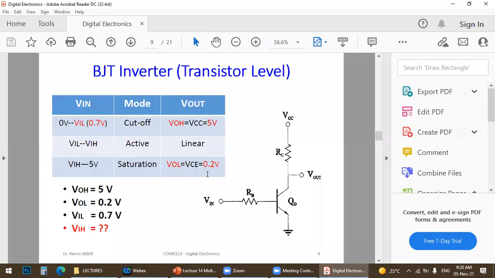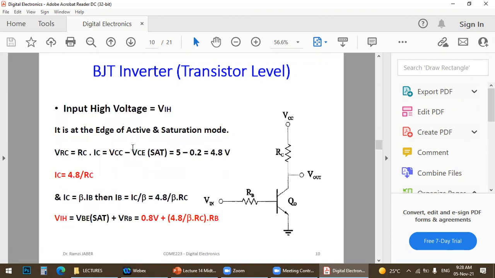Now if we want to calculate the value of the input high, we need some parameters: the value of RC, the value of RB, and the beta of this transistor. With these three values, beta, RC, RB, we can calculate V input high.